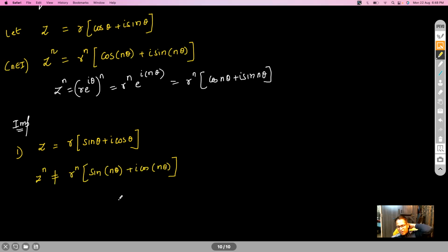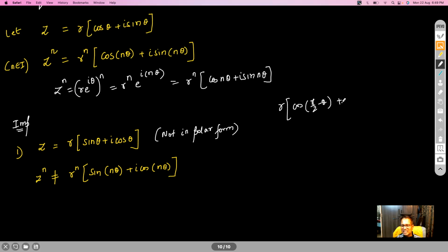Okay. Why I categorically took this as an example is because in the past, your seniors have made this mistake. Right? So please do not make this mistake, because this is not in the polar form. Not in the polar form. Okay. If you actually want to apply it, then you have to convert it like this: R cos(pi by 2 minus theta) plus i sin(pi by 2 minus theta).